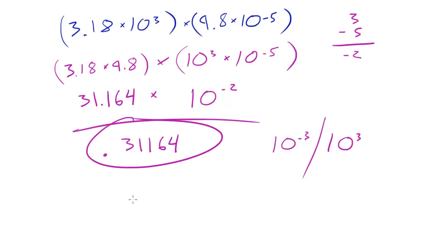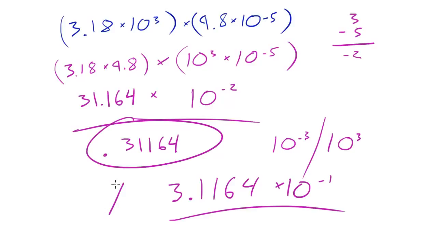But I just think that writing 3.1164 times 10 to the negative 1 is a lot more confusing than just writing this. It's really simple when you have small numbers. So, I mean, you can convert the number 1.5 into scientific notation if you want, but it's just stupid. You know what I'm saying?